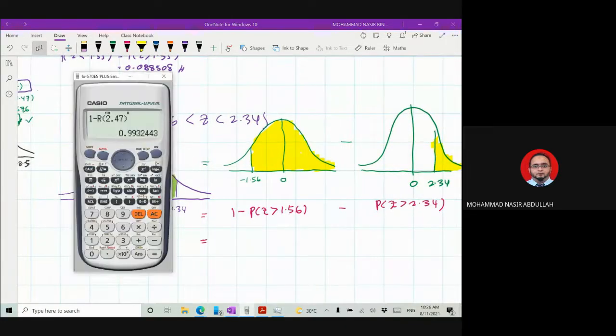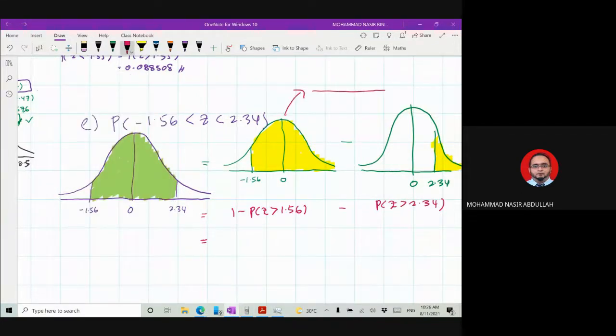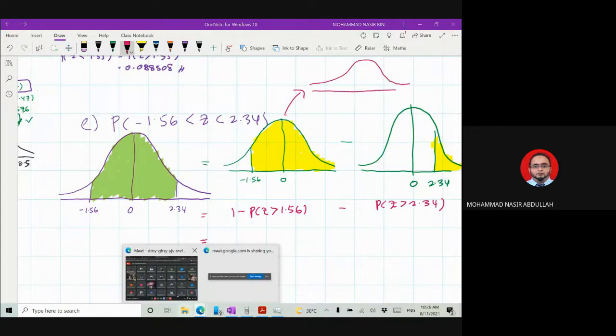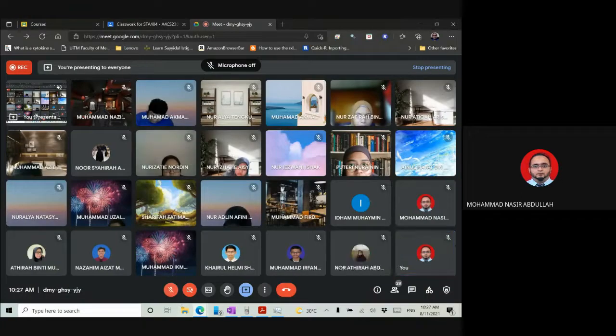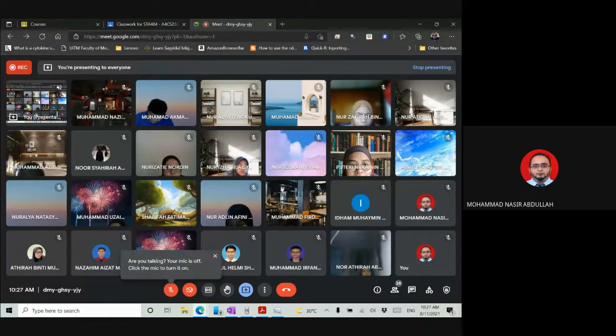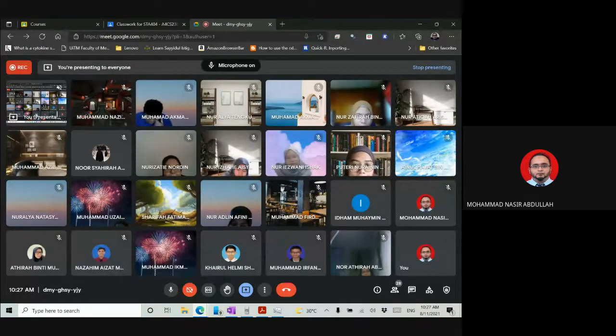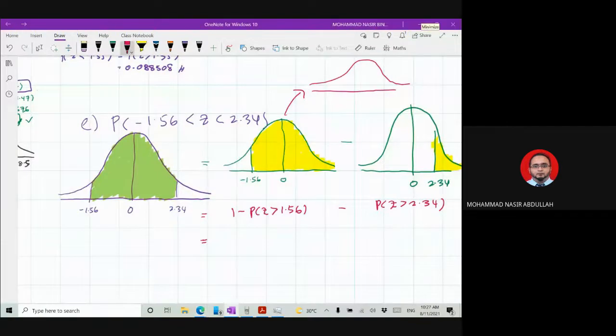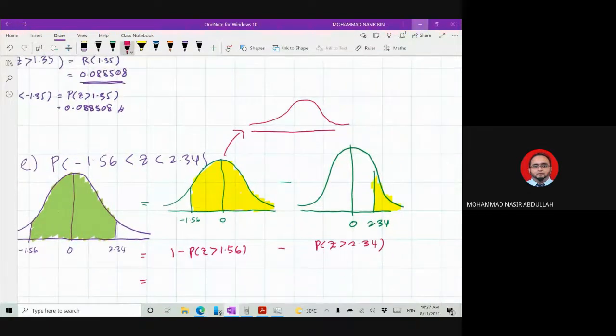So this one to the right kan, this is also equal to... So kalau kita compare kan, macam mana kita dapat this one?